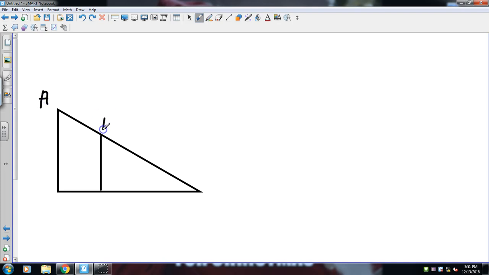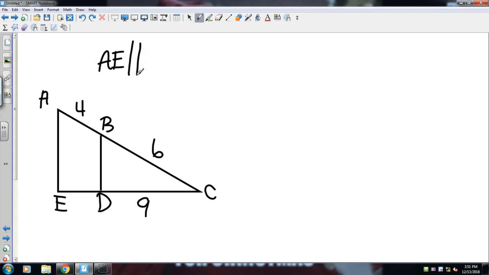Let's go A, B, C, D, E. And we're going to call AB 4, BC is 6, DC is 9, and then ED we don't know. And they would tell you that AE is parallel to BD. And maybe we want to find the length of EC.